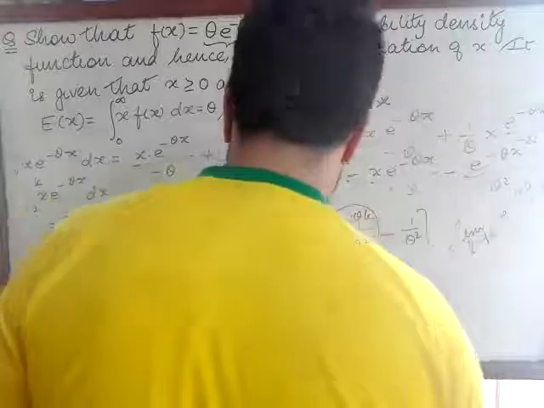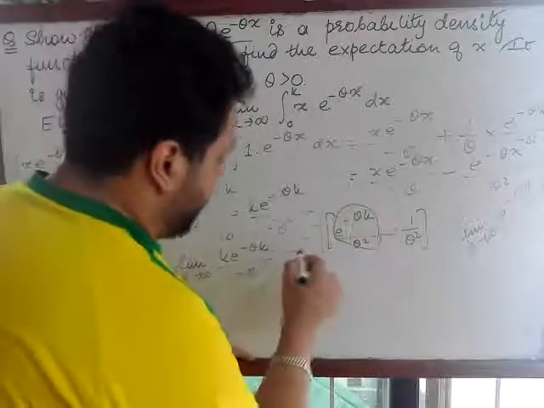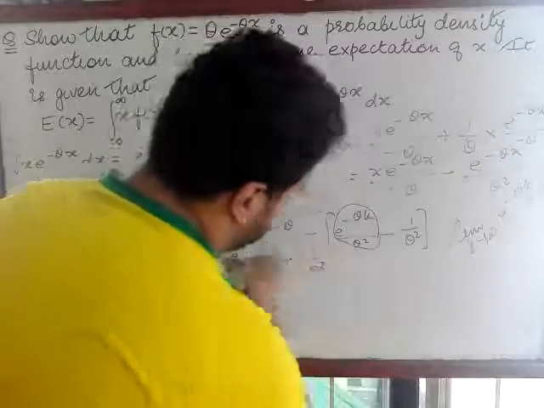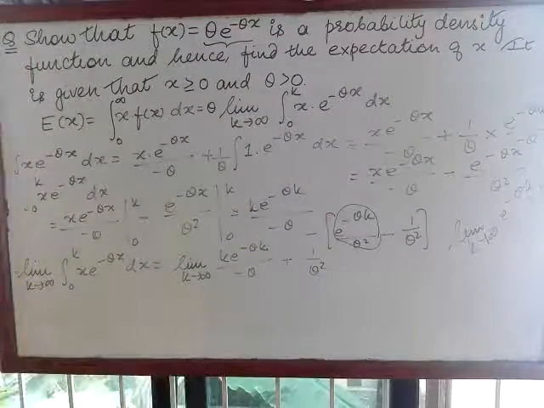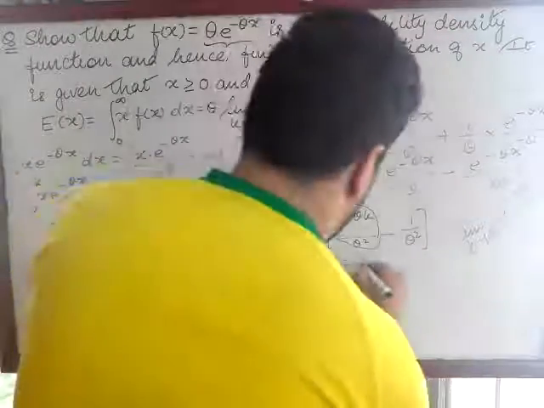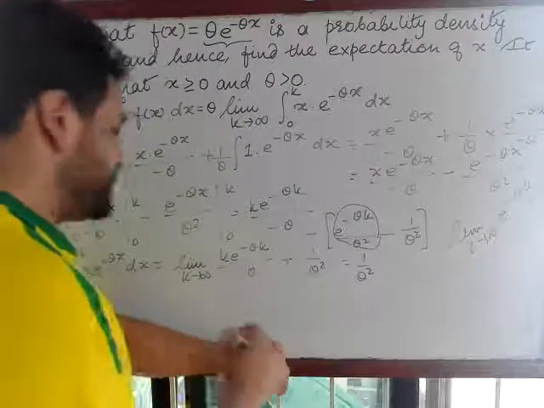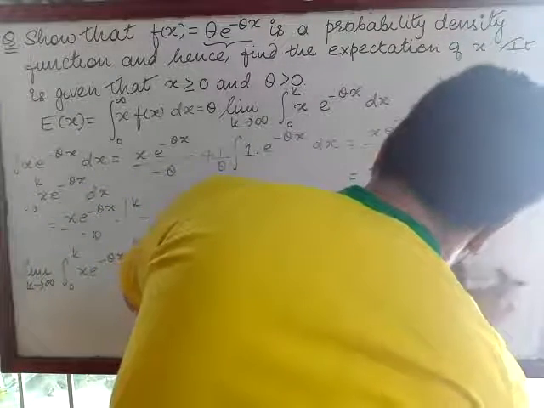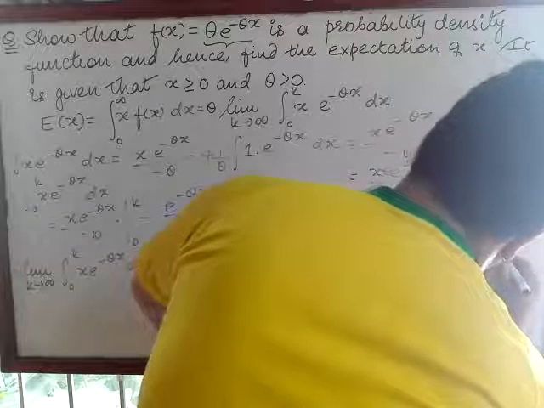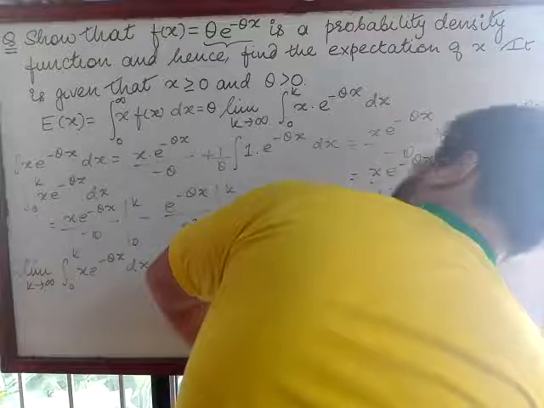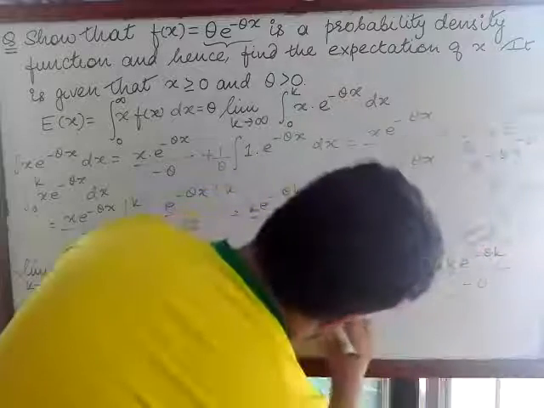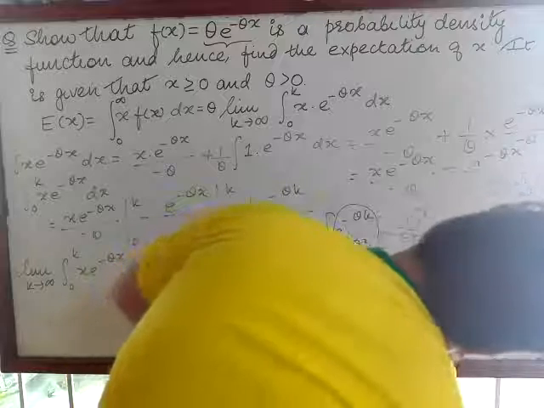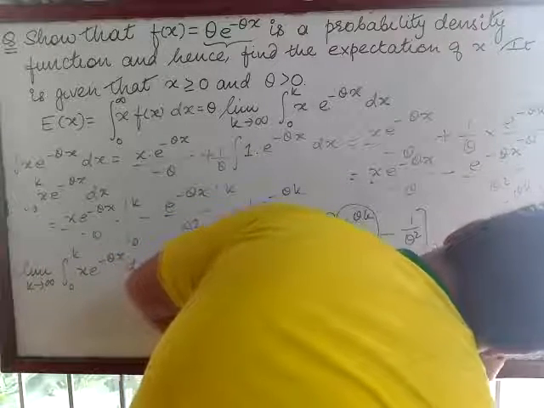So this part will be 0 after applying the limit. So minus, plus 1 by theta squared. That's what we are going to get. So this is 1 by theta squared plus the limit as k tends to infinity of k e to the power minus theta k over minus theta, or we can say 1 by theta squared minus 1 by theta times the limit as k tends to infinity of k e to the power minus theta k.